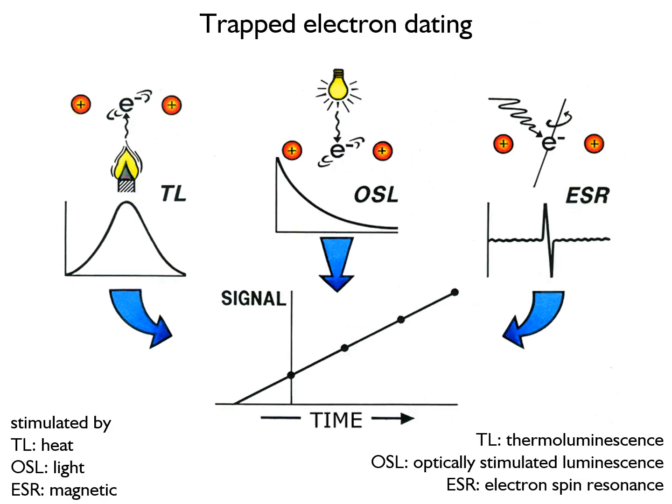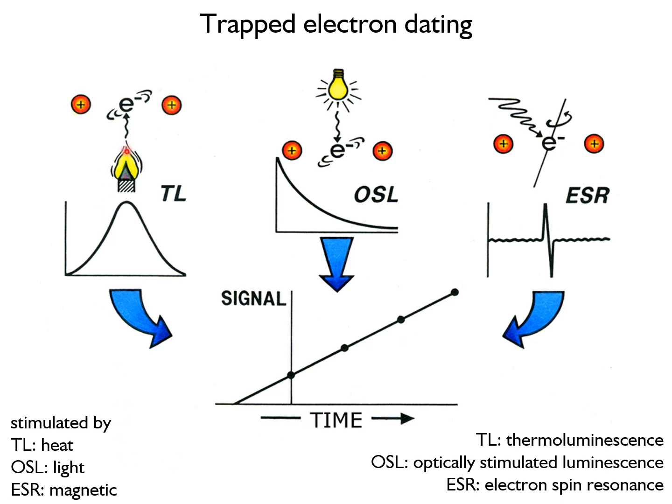There are three different ways to measure the radiation dose absorbed in minerals. In each situation, the area under the curve, or the amplitude here, is proportional to the amount of dose absorbed by the mineral.